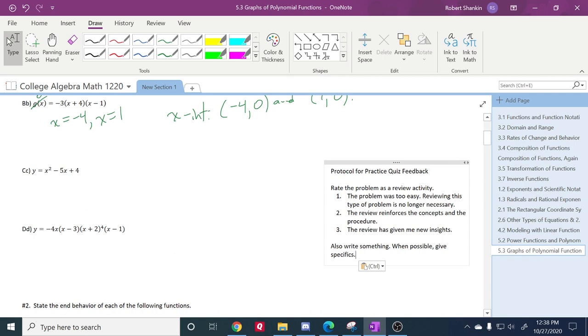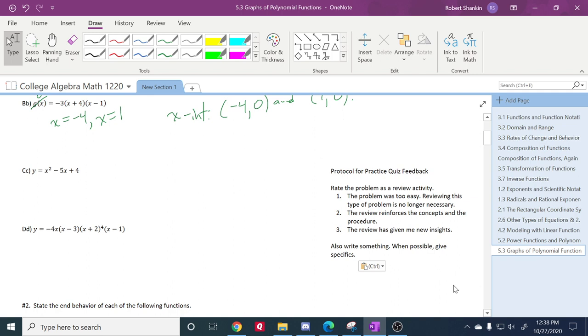I was asking before for you to give me feedback on whether you got the problem right or not, and rating the quality of the review. It's difficult to give me two kinds of feedback, so let's just focus on one. Rate the problem as a review activity. You give me one of these three numbers.